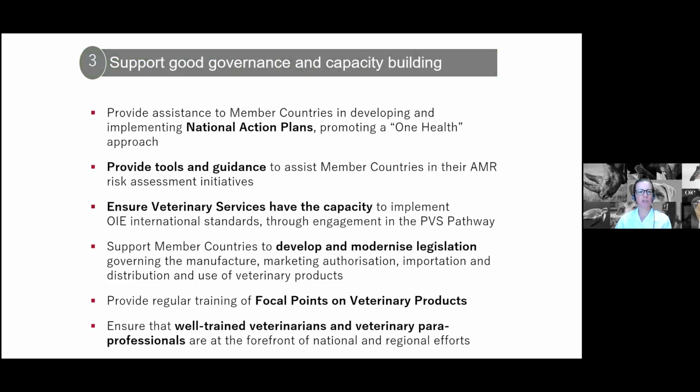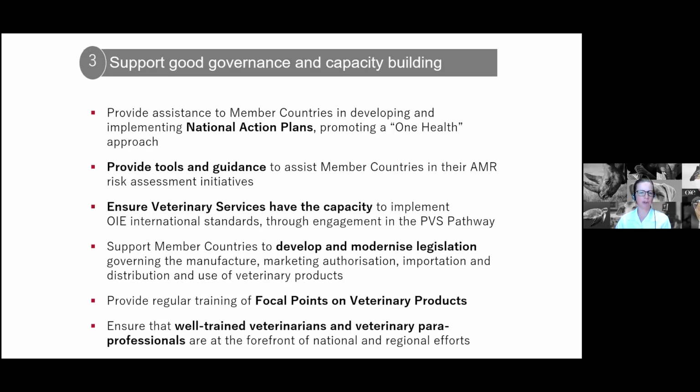Number 3 is to support good governance and capacity building. So, as I mentioned before, we will assist member countries to develop and implement national action plans, promoting a One Health approach. So hopefully those plans will be multi-sectoral, not only in their planning, but also in their implementation.